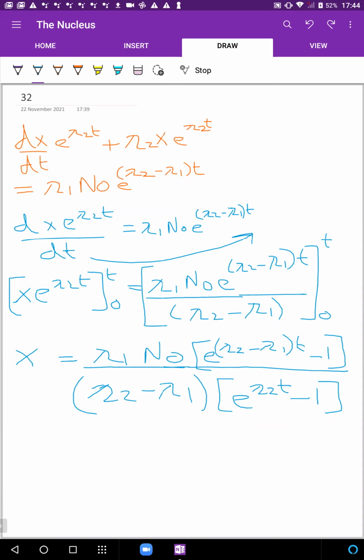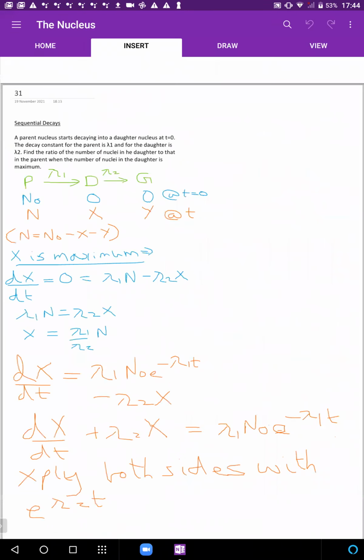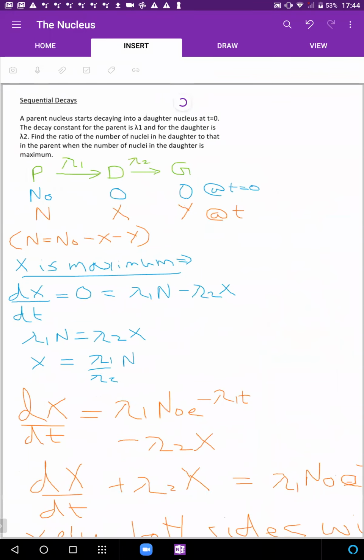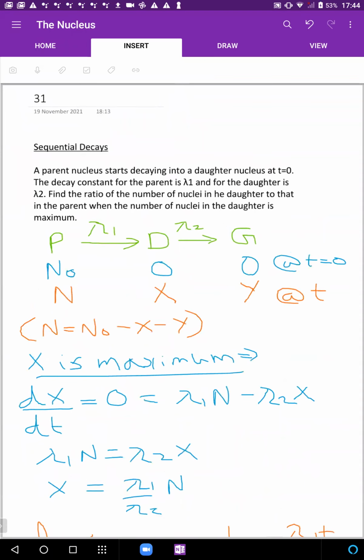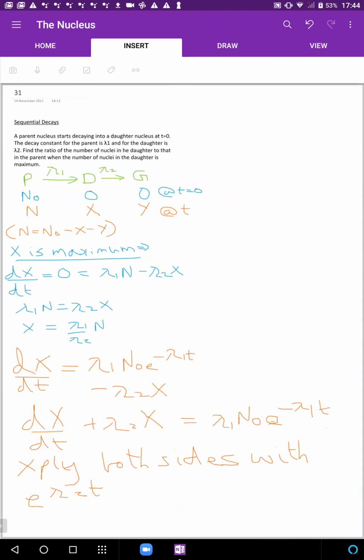And I'm told you've apparently seen something like this in kinetics. Cool, nice. So that makes this a very simple question. But if they want to go beyond that, you can also find x more accurately as a function of time.